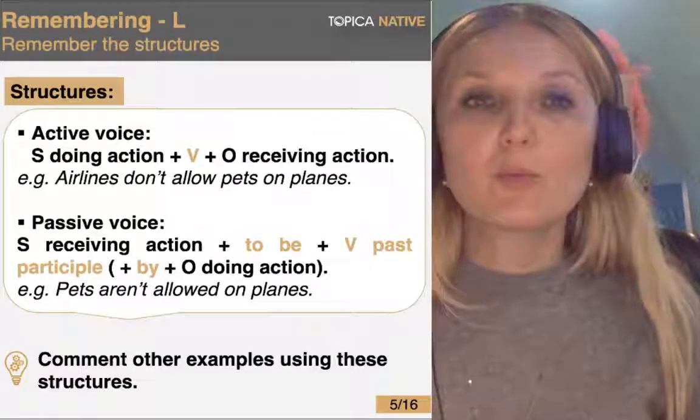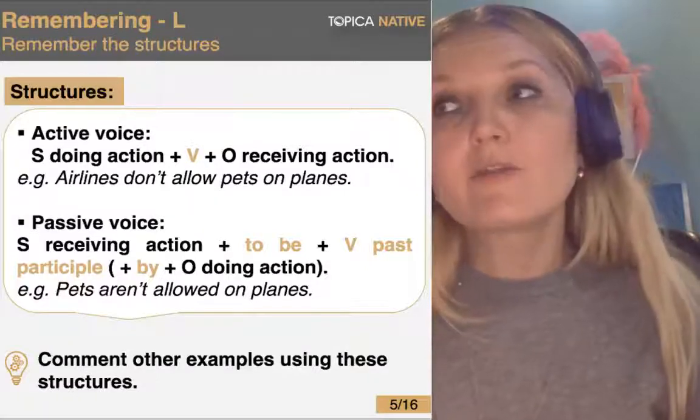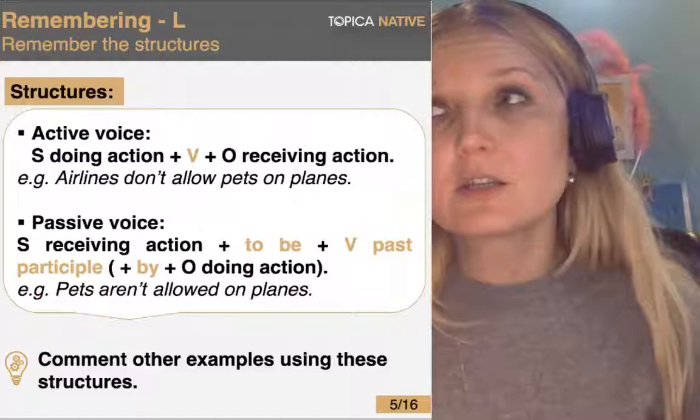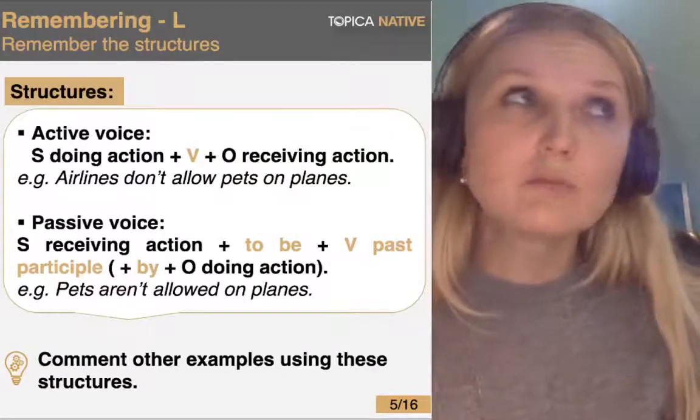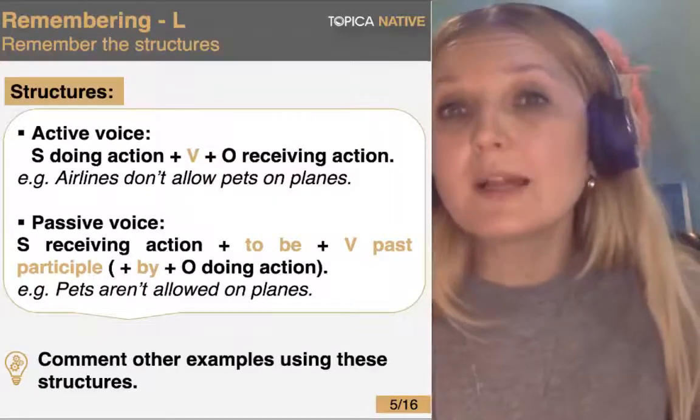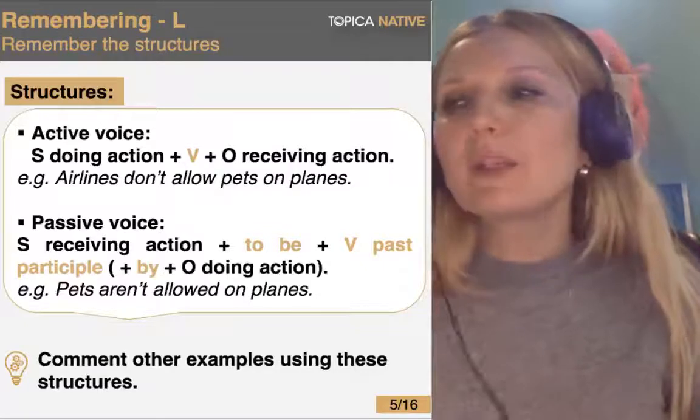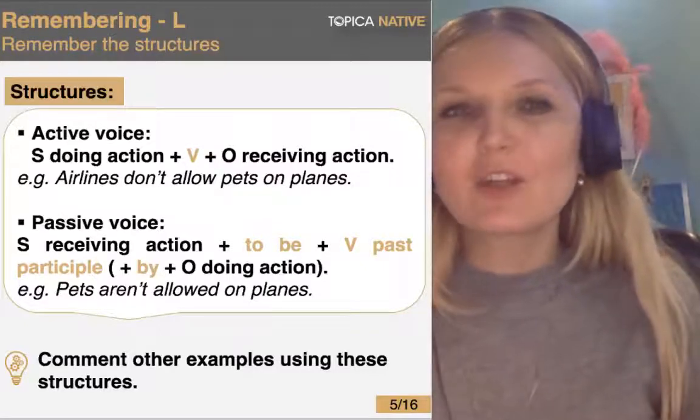You can say, my husband fixed my car, and my car was fixed by my husband. I will clean the room, and the room will be cleaned. So please think of some sentences.